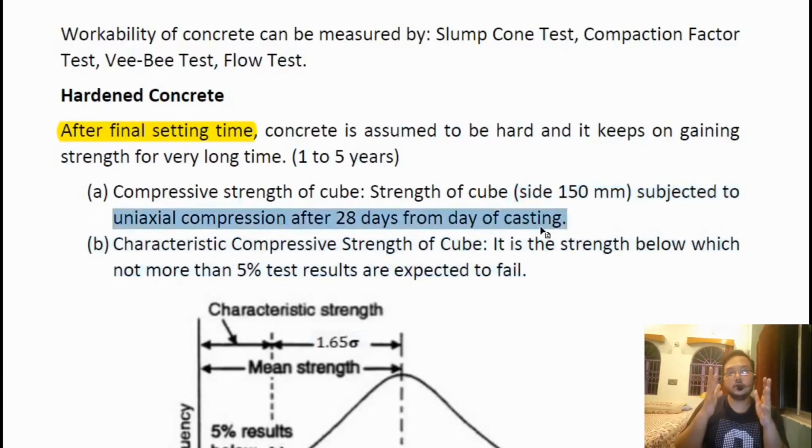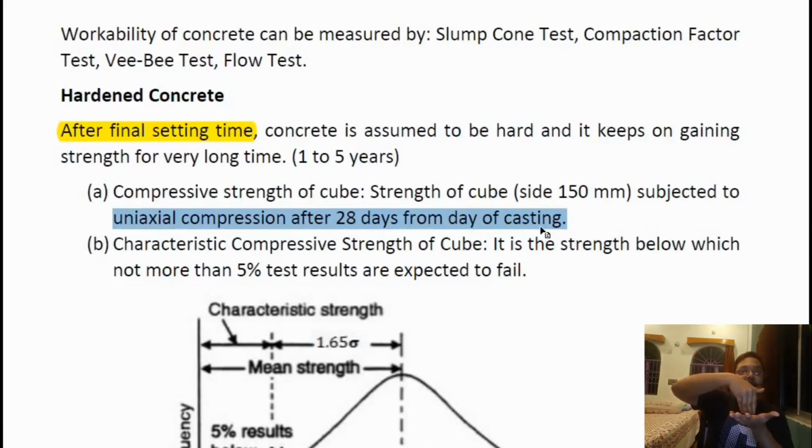So you have made one cube of 150 by 150 by 150 mm, and after proper curing of 28 days you provide uniaxial compression in the compression testing machine, and you get the strength at which that concrete collapses or breaks.